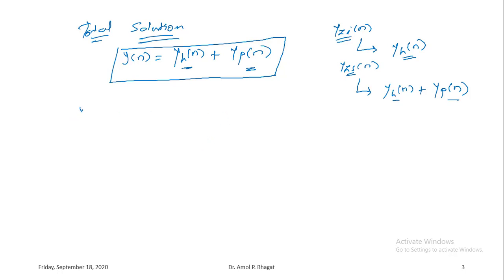So here this yh of n is called as what? Homogeneous solution, or it is also called as complementary solution.